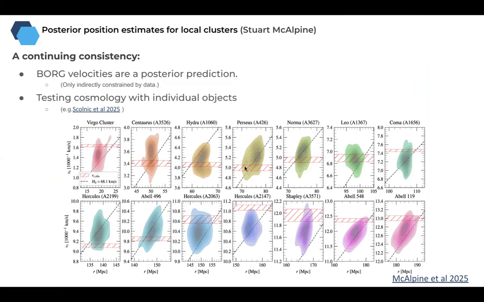And we also compare our posterior inferences with the actually observed positions on the Hubble diagram for these clusters, and these are the results.